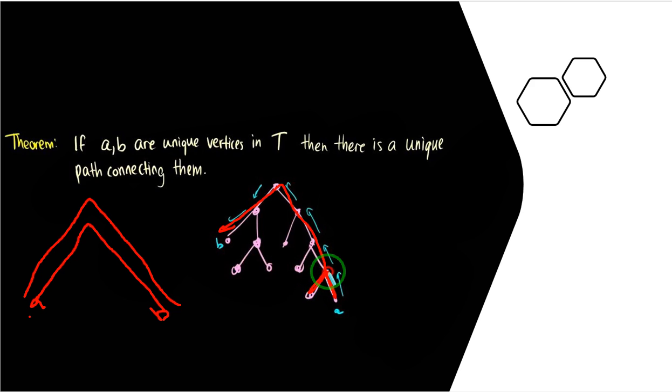There is no need to repeat a vertex, as I told you in a graph. If you move here and then here, again it will be repetition, so no need to use this kind of path. Our basic path is to move from A to B like this and from B to A like this. So this is the unique path now. This is a theorem where we need to have unique vertices and a unique path for those vertices.